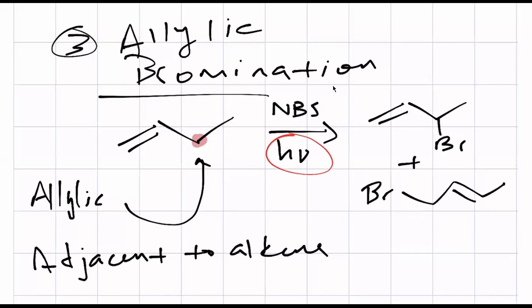And there's a reason for that, which I'll talk more about when we get to the mechanism. Anybody want to chime in about that? What type of mechanism happens when you use UV light? Right? Anytime you see UV light, that's indicative of a radical mechanism.